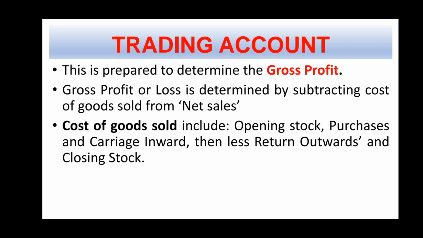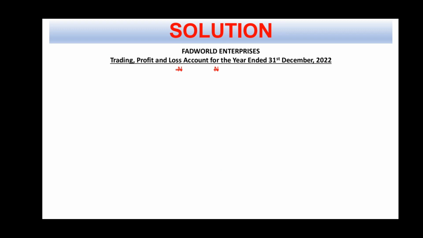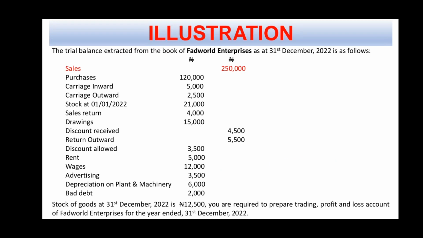Cost of goods sold, as we have it here, includes opening stock, purchases, and carriage inward, less return outward and closing stock. Now, net sales, just like I said, is sales less return inward. So to those who are using this format, net sales will be the first thing you calculate, that is sales less return inward.